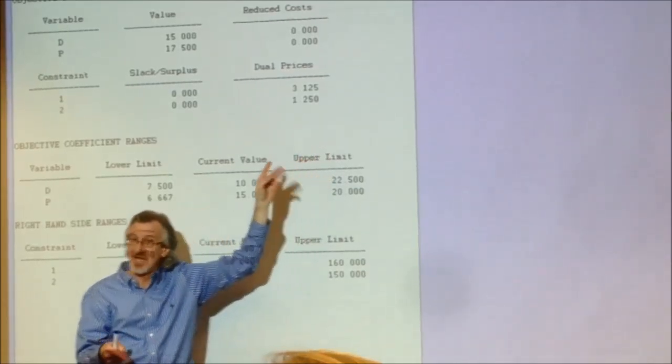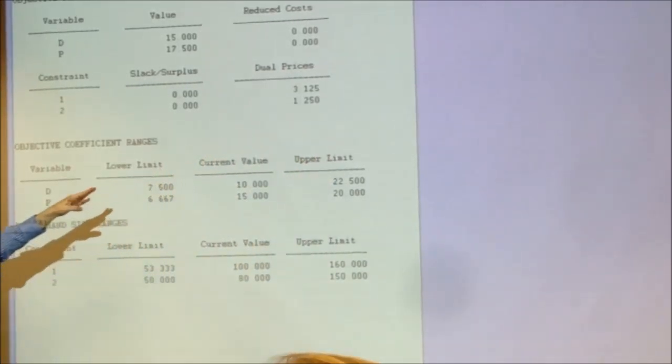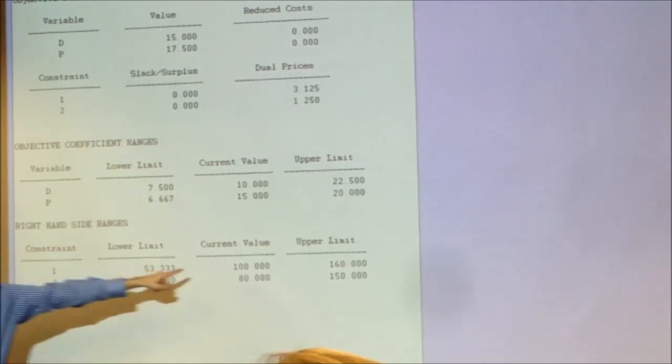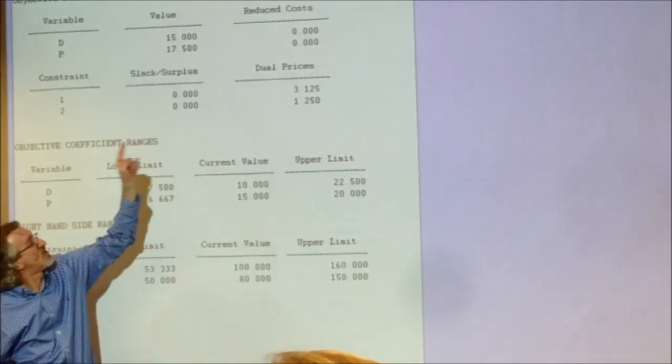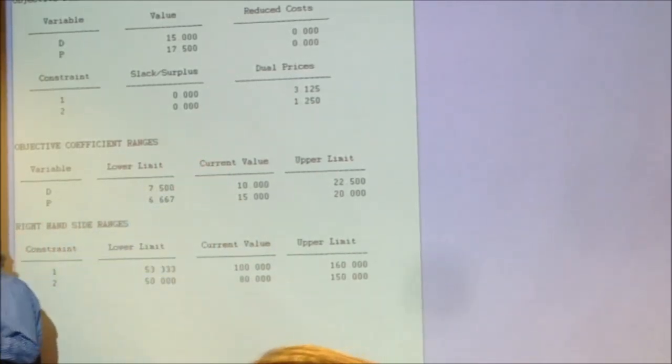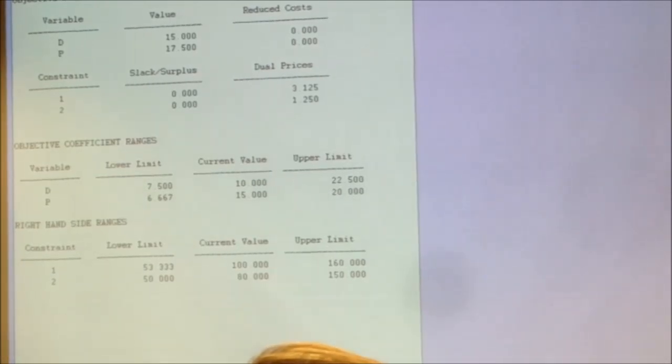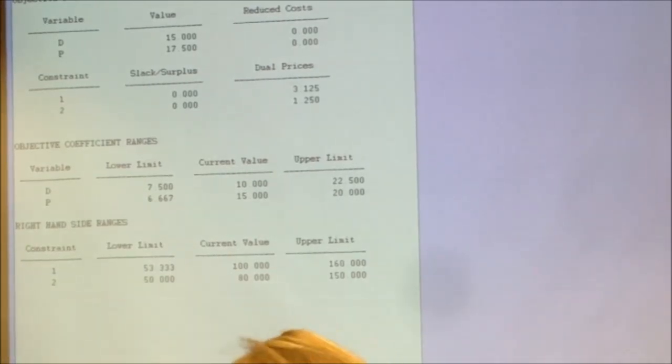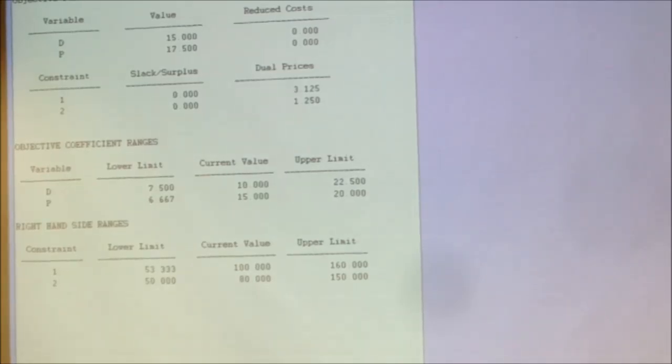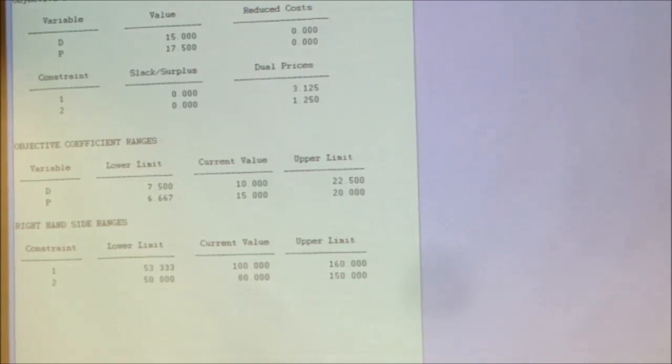Get it? That's what it's always stating no matter what. So this 100 is going to 110. It's going to have $3.125 positive effect, and it's a max problem, and the objective function value is representing the most profit we can get.